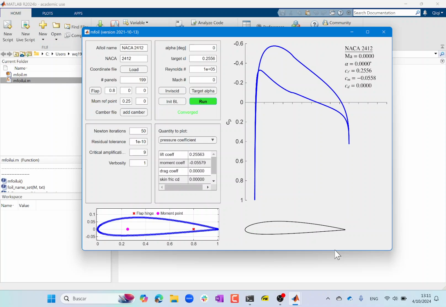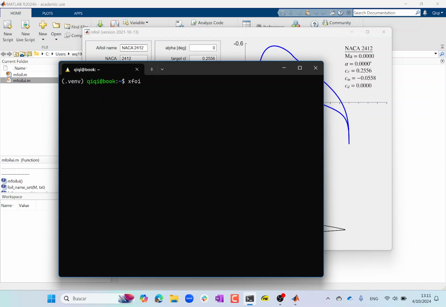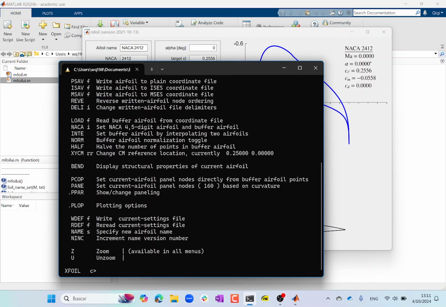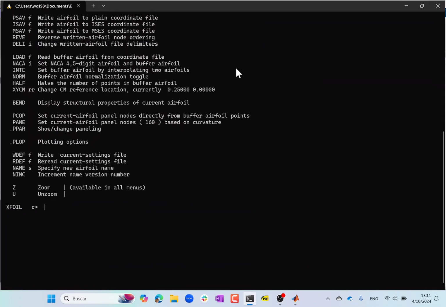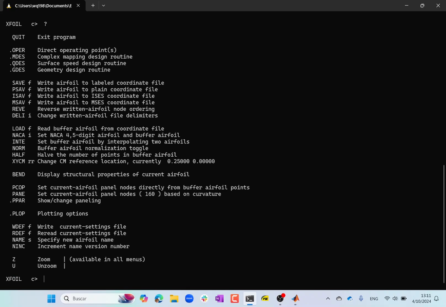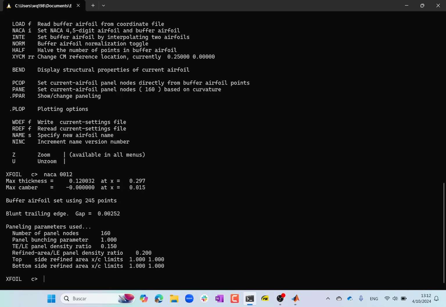Okay, so if you open Xfoil or Mfoil, in Xfoil you're going to get a command line. If I type xfoil.exe, you get this black screen with a bunch of menu options. The first thing we're going to try is a thin and symmetric airfoil, and to do that, you type NACA 0012.